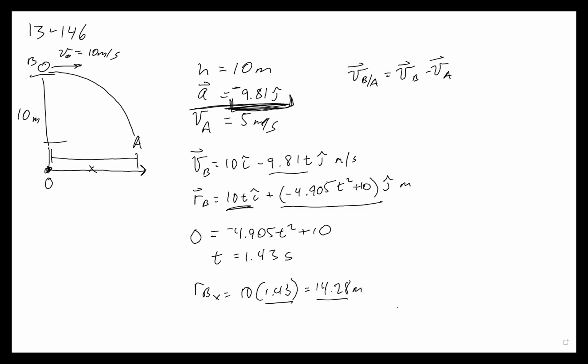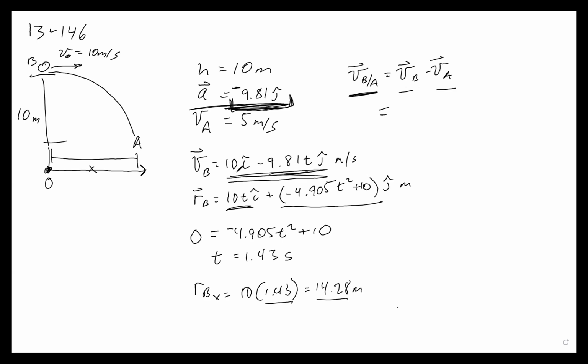Okay, so now we have to figure out how to deal with these vectors. We want to find the velocity of the ball relative to the boy. Well, it's the velocity of the ball minus the velocity of the boy. So we just need those values. What's the velocity of the ball? The velocity of the ball as a function of time is this equation here.